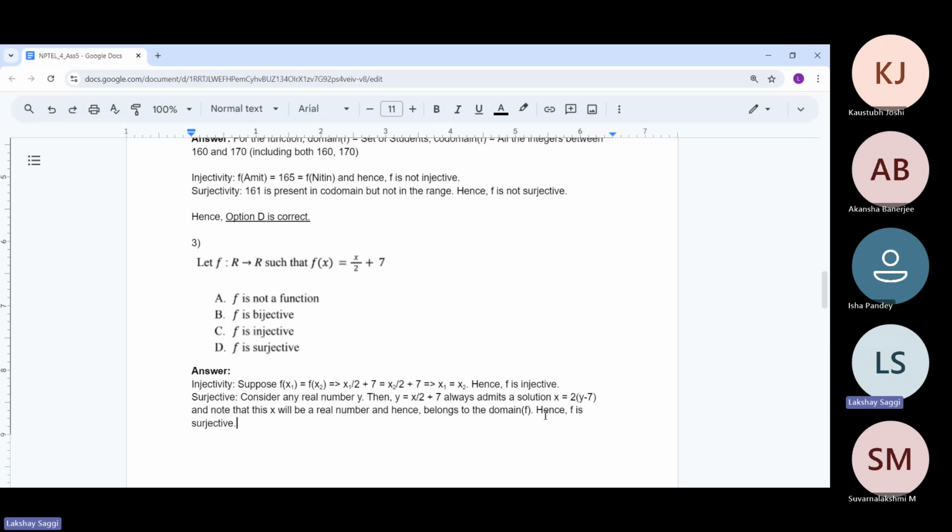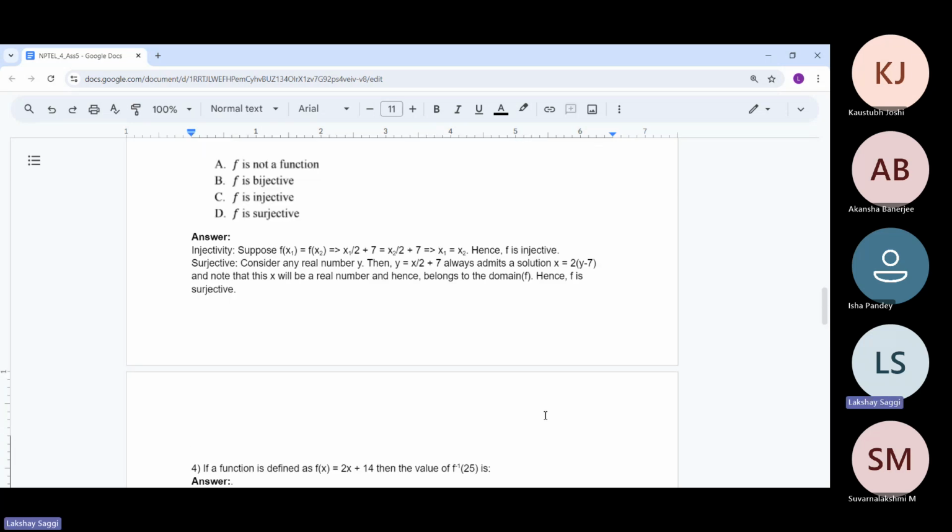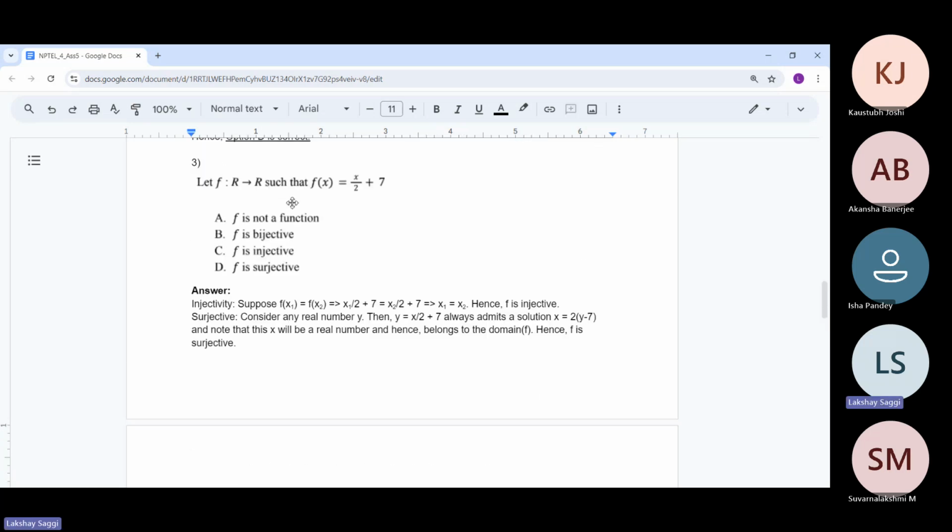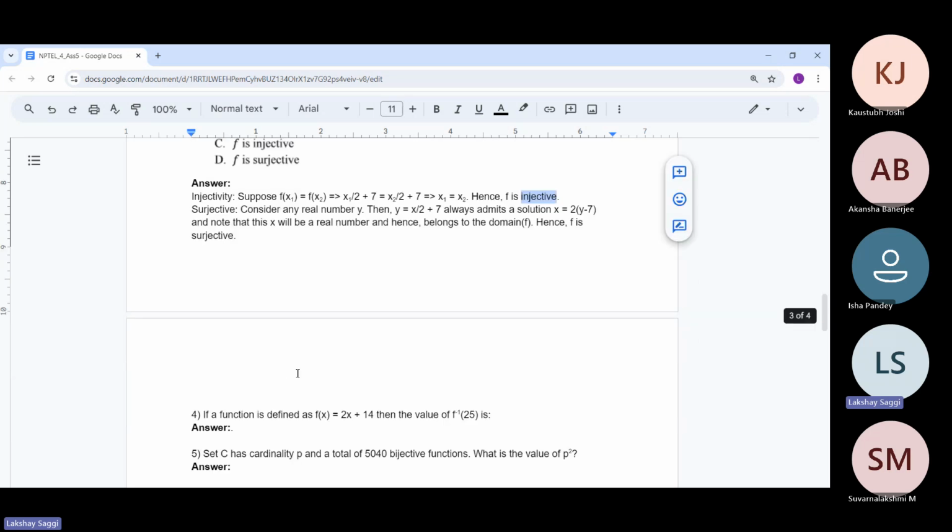So I hope this makes sense. And since f is surjective as well as injective, it will also be bijective. So options B, C, D will be correct here.